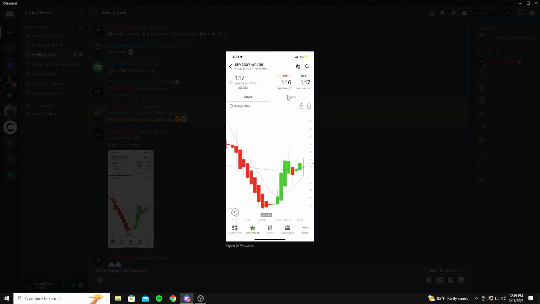It depends where we open. If we open above 440.5, then you round that up to 441. If we open below 440.5, then you round it down. That's how rounding works. If we open below the 50, you round down. If you're above the 50, round up.